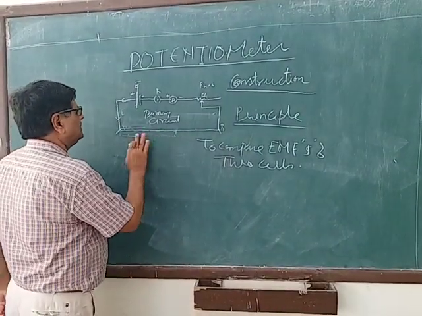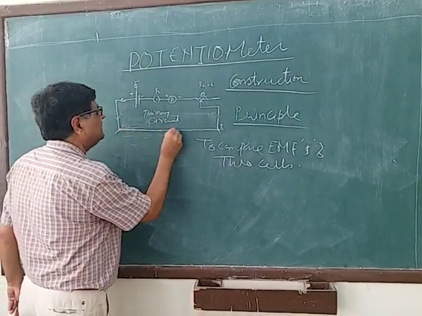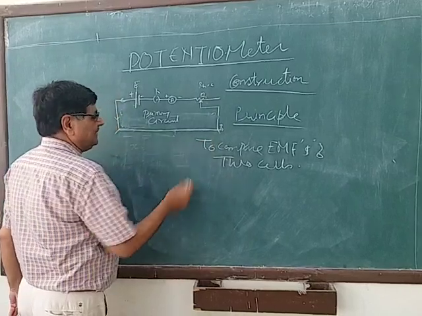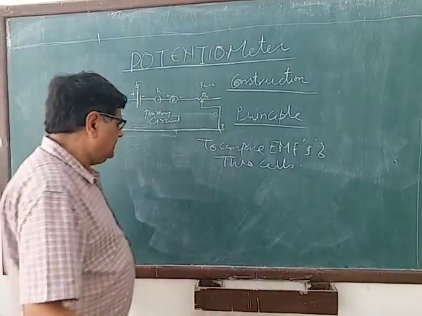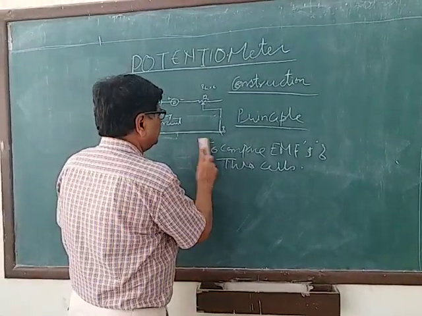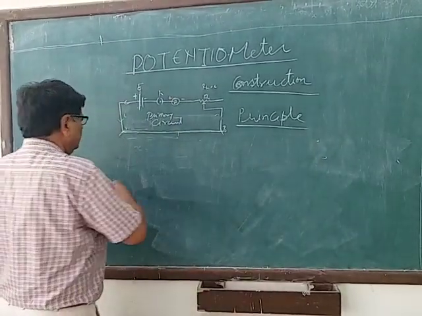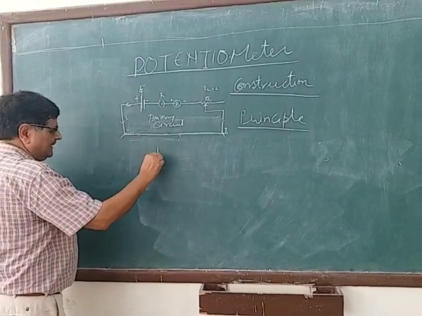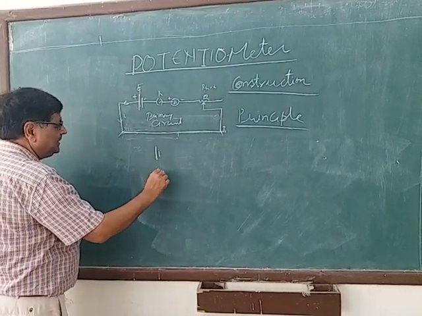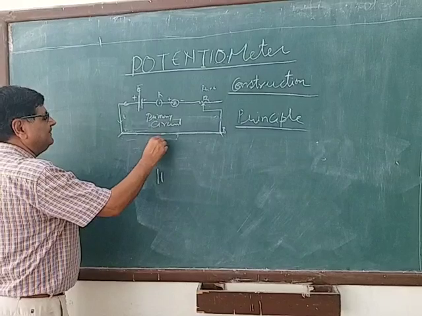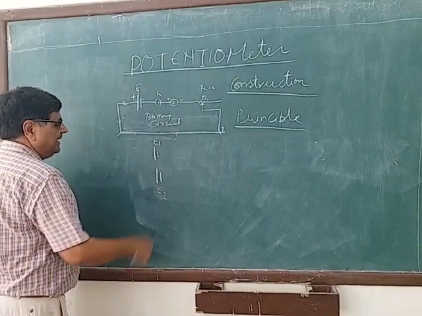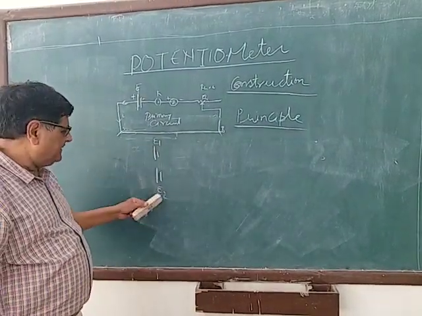Now one more circuit we have to add to this. This is a secondary circuit we are going to make. And in that secondary circuit, we take two cells. These two cells, let's say, have EMF E1 and E2. Now we want to compare their EMF.